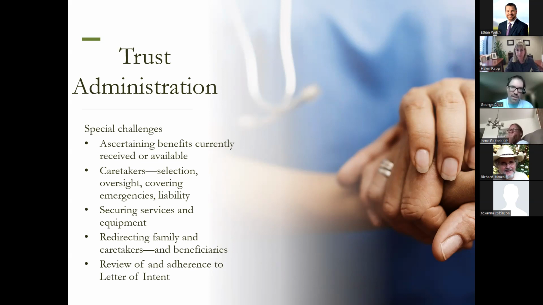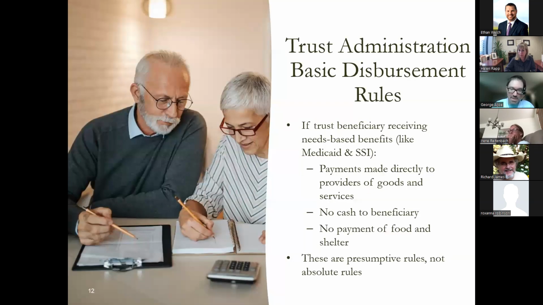That can really help the trustee with guidance as to what they should be doing with those trust funds. Again, they can't be compelled by it. It's not enforceable, but it's good guidance.